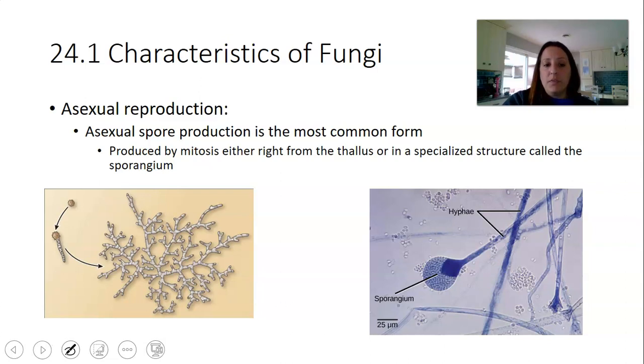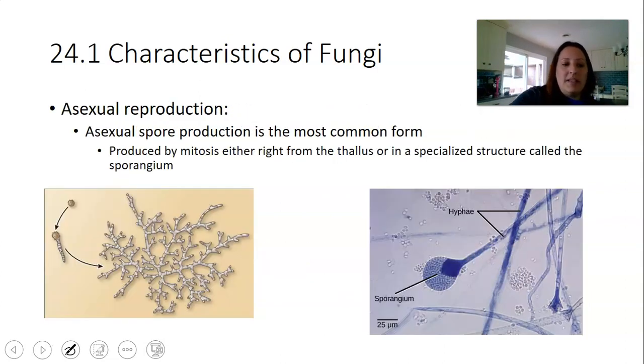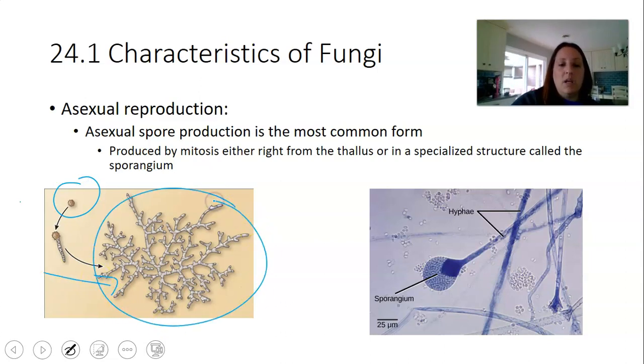Sometimes a spore is just released from the mycelium itself. That spore lands, starts to germinate, and we end up with a big mycelium. Or sometimes that spore is produced in a specialized structure, shown here inside of a sporangium, and then that spore gets released, and again, it's going to land and hopefully germinate and grow into a mycelium.